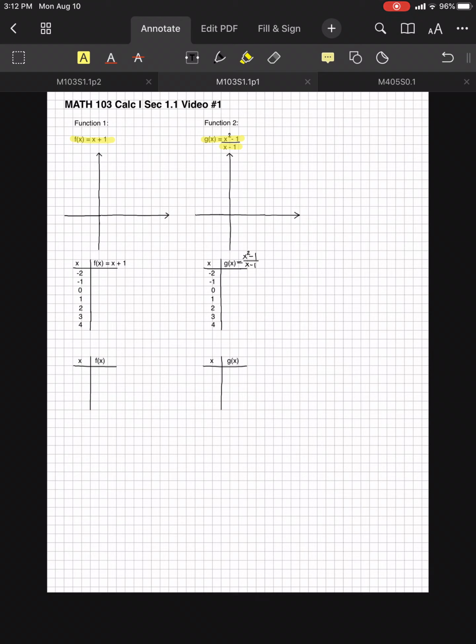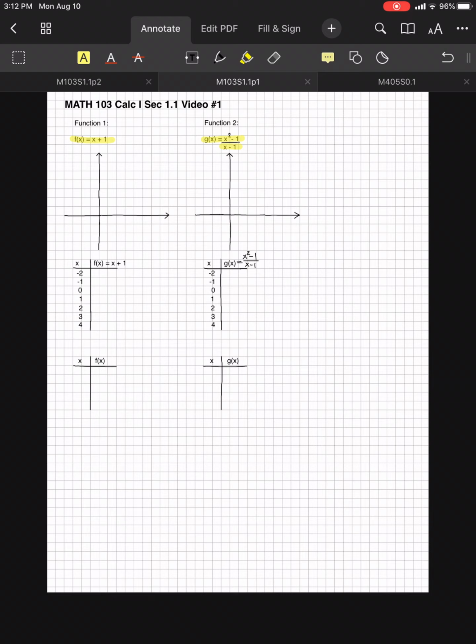Okay, so let's start off by thinking about what would happen if we graphed these functions. As you'll recall from pre-calc, we have essentially three main different ways that we can look at a function.